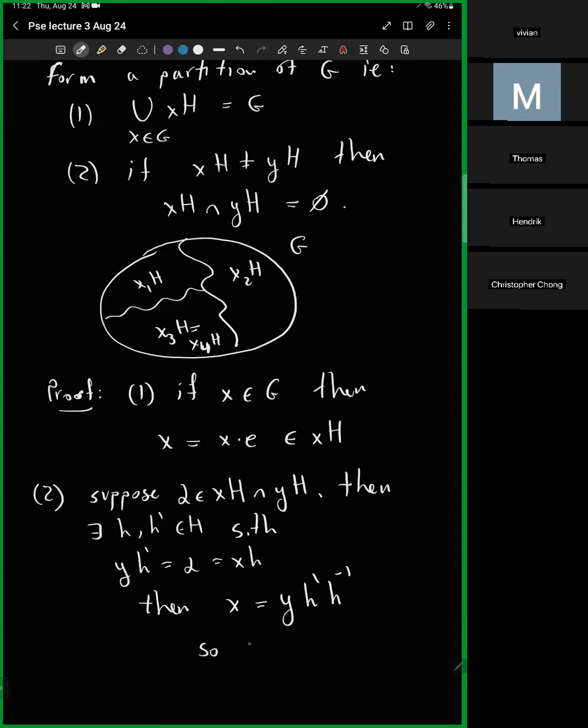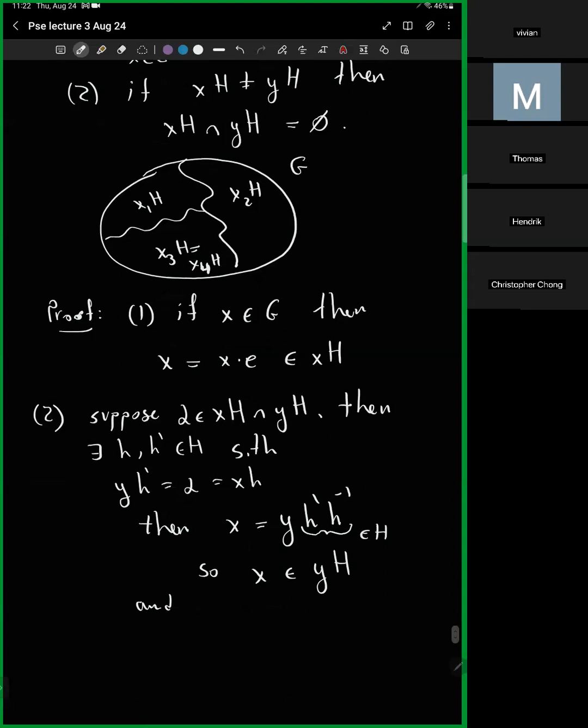So x is in yH because it can be expressed as y times some element in H. And also y is going to be equal to x h h prime minus 1.